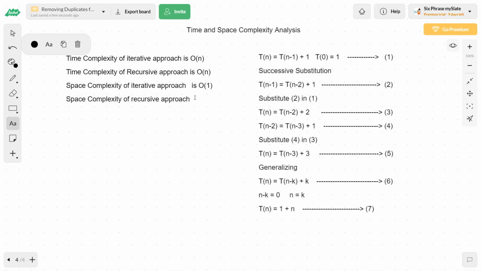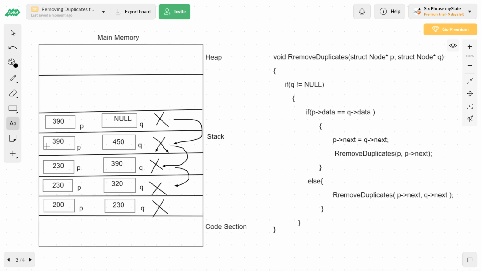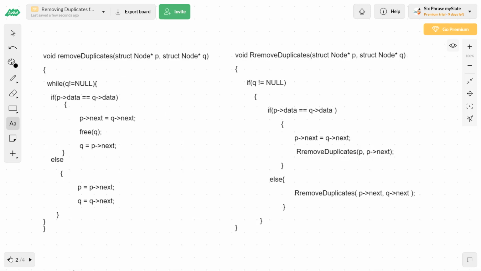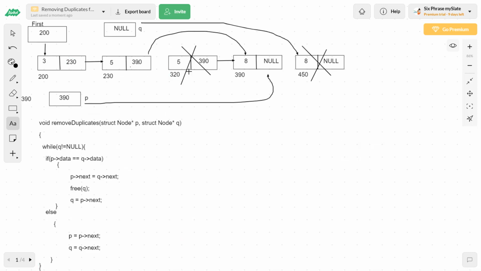Coming to space complexity of recursive approach. Recursive approach space complexity depends on the activation records created. How many activation records are created? 1 plus 2 plus 3 plus 4 plus 5. 5 activation records for how many elements? 1, 2, 3, 4, 5.